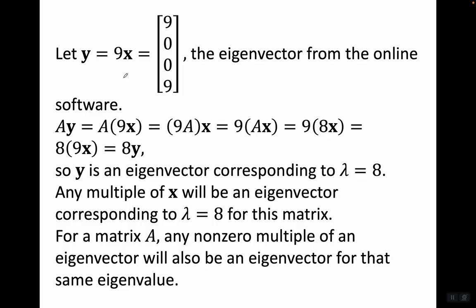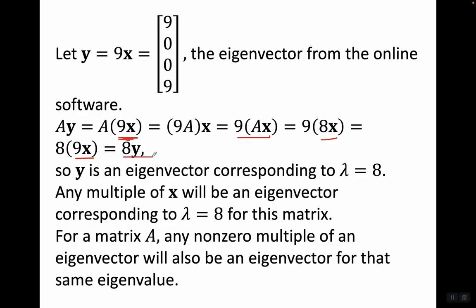I'm going to show you that y is also an eigenvector. Okay, Ay is A times 9x because y is just 9x. You can pull out the 9 by matrix multiplication, so that's the same thing as 9A times x. In other words, that's 9 times Ax, which is the same thing as 9 times 8x because x is an eigenvector, and so Ax equals 8x. 9 times 8x is the same thing as 8 times 9x, and 9x is y.